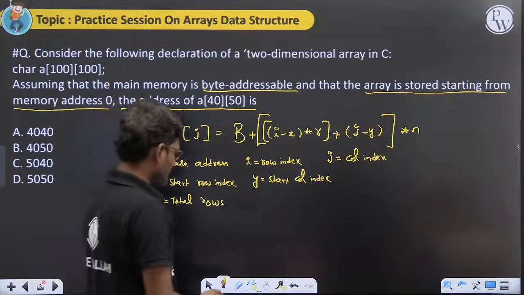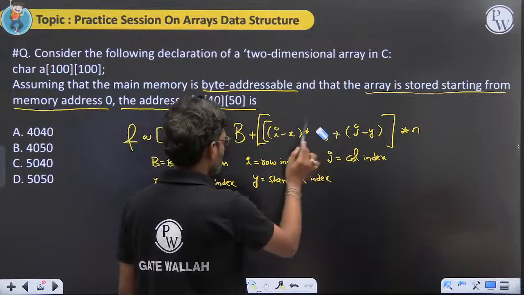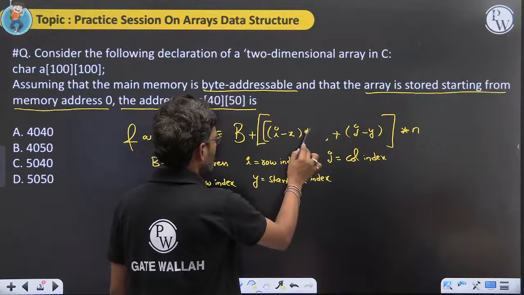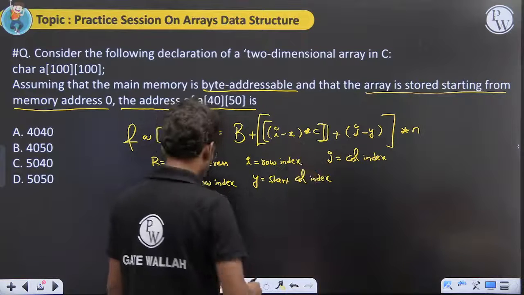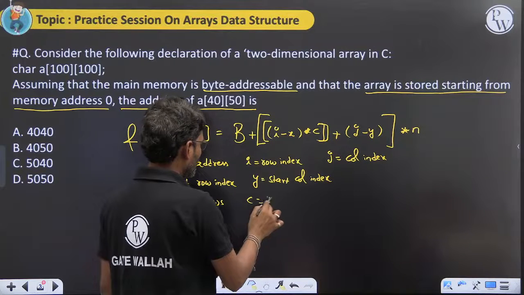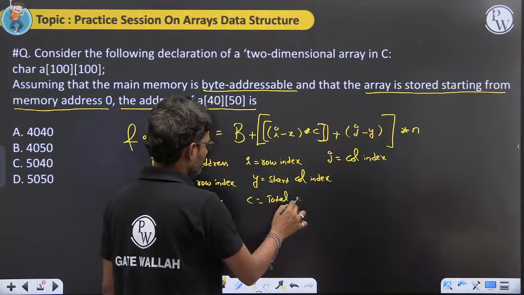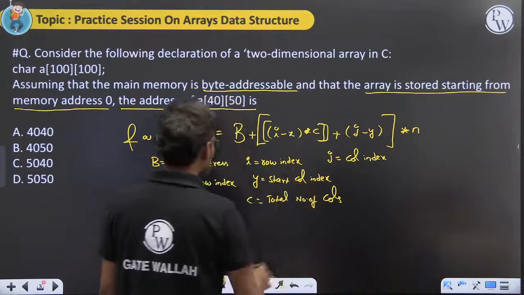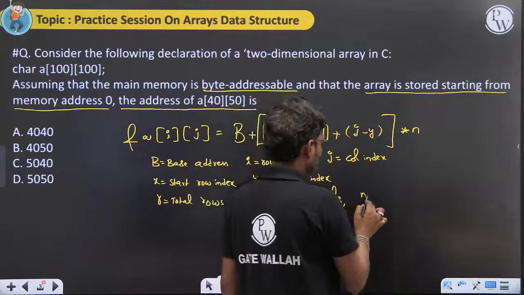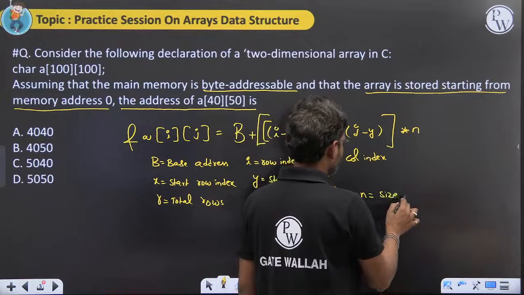I think it is not I into R, it is I into C, right? I into C. And C will be the total number of columns. And N will be the size of each element.